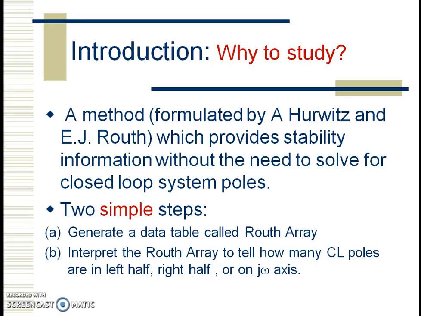Although we are interested in the characteristic equation, if the denominator parameters are not known, then it is not possible for us to locate the exact location of the roots.